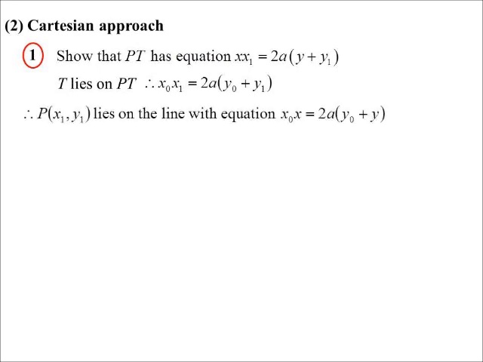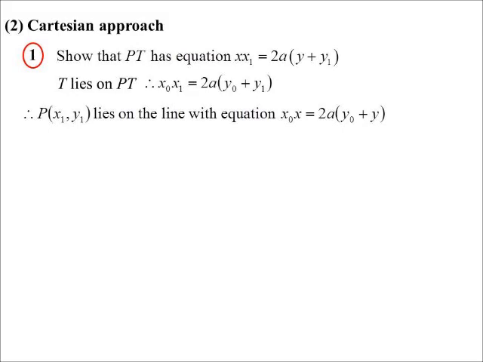We know that to be true. Well, therefore, P must lie on a line which has this equation. Remember, a line would be a constant times x plus a constant times y is equal to a constant number. Now, okay, it's written in a funny format, but that's what I've got. I've got a constant times x. That constant is x0. I have a constant times y.